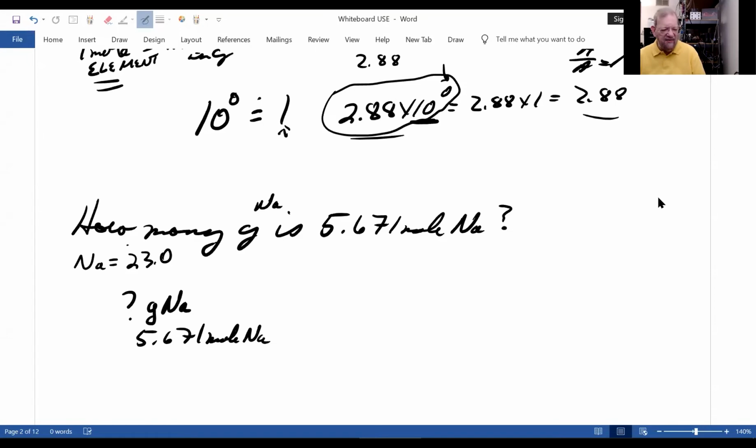So the only thing I have to start with is this. 5.671 moles of sodium. And if I had a ratio that I could use to convert the moles of sodium, what units do I want my answer in? Well, we took the time to figure that out, and that's grams of sodium.